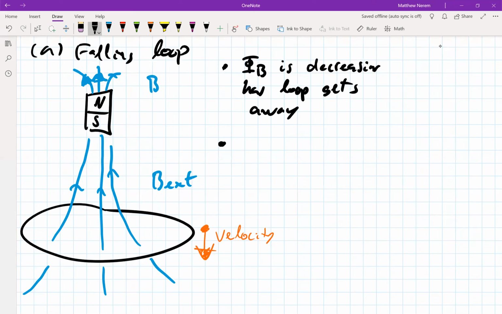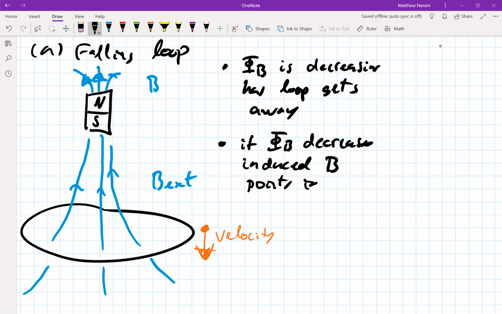If phi B decreases, then the induced magnetic field points in the same direction as the external field.